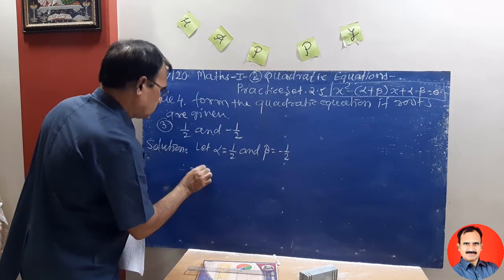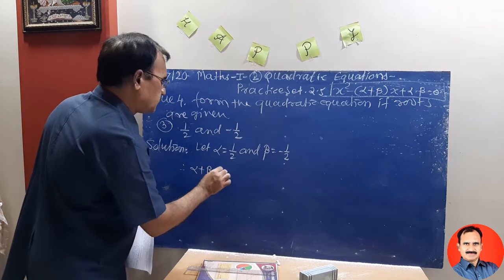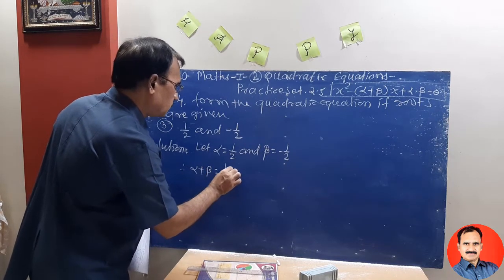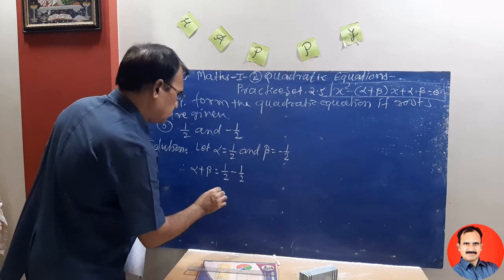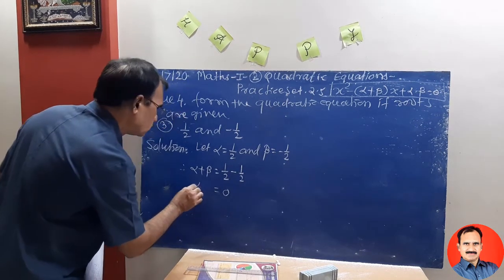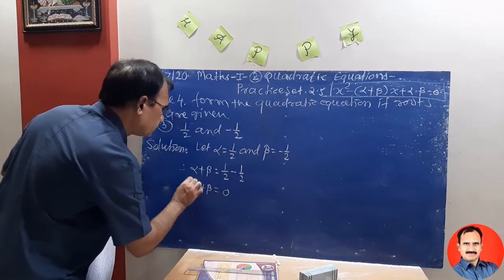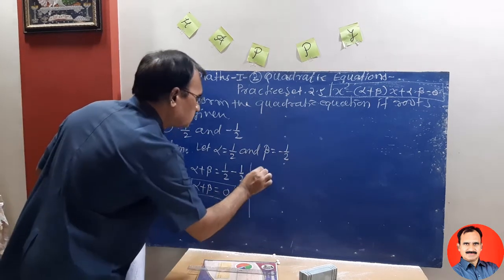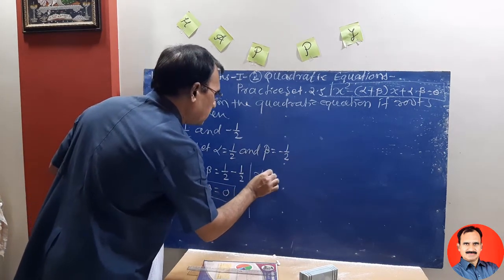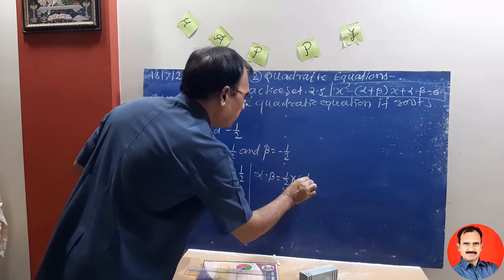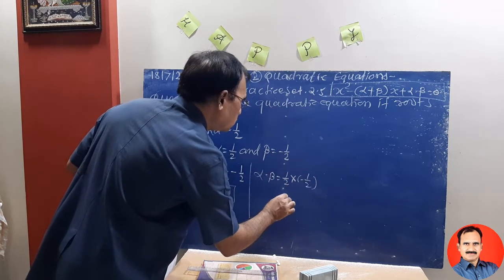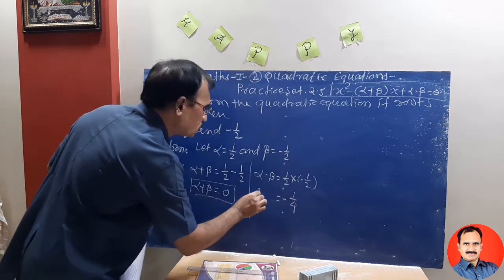Alpha into beta is equal to half into minus half is equal to minus 1 by 4.